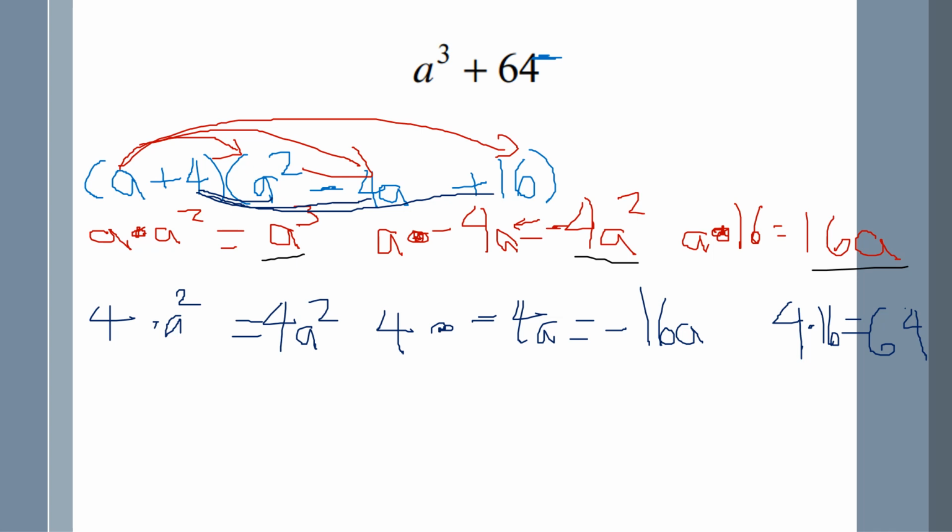Now, since we did the FOIL method, let's combine terms and see what cancels out. So let's look for it. Negative 4a squared cancels out with a squared. Negative 16a cancels out with 16a. So you are only left with a cubed plus 64.